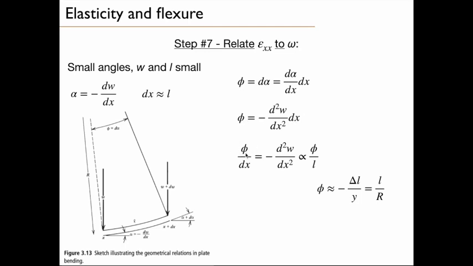So we will divide phi, the angle, by dx. And this will be simply equal to that term. But we should also remember that dx is close to L. So you can also write that this is equal to phi over L. And if we remember from the previous slides, phi is also equal to L over R, or minus delta L divided by y. So we will use this to substitute there, and we get the result that this is equal to 1 over R.